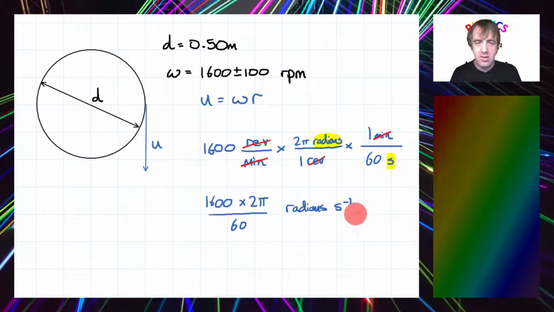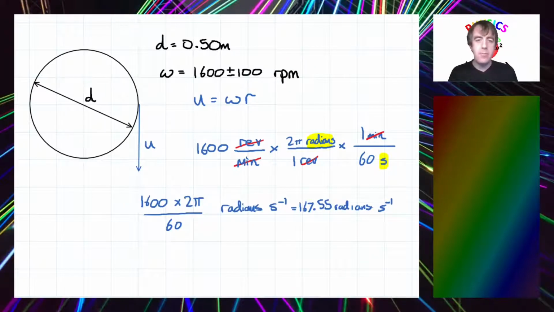And when you type that into your calculator, that gives you approximately 167.55 radians per second. Just gone off the edge of the screen there. There we go. Now, notice I've kept some extra digits here. I know I'm going to be rounding my final answer to just 2 significant figures, perhaps.